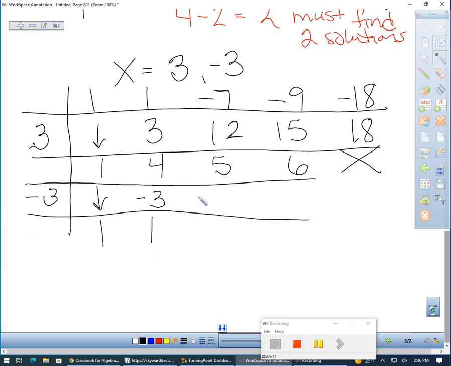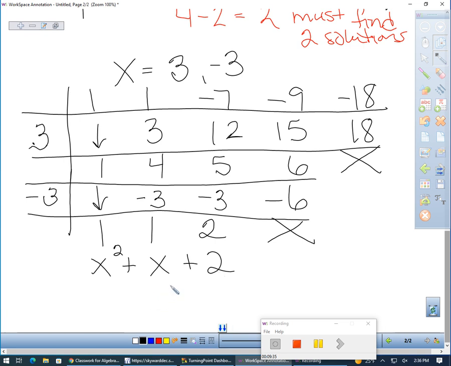Negative 3 times 1 is negative 3. Add them together, we get 2. And negative 3 times 2 is negative 6 with no remainder. So the quadratic we have left is 1x squared plus 1x plus 2.